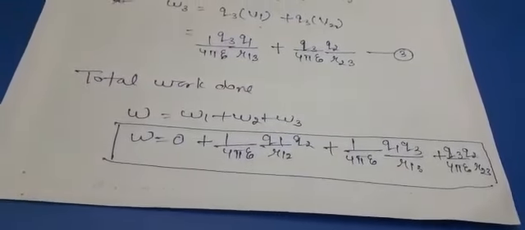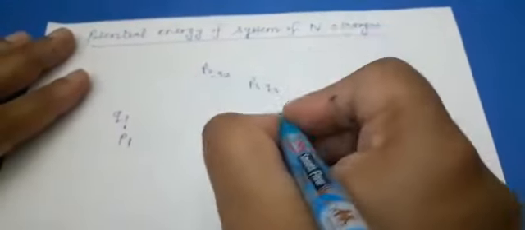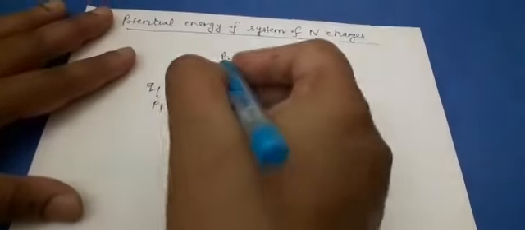Now, as we have calculated the potential energy of a system of 2 charges and a system of 3 charges, there can be a generalization up to n charges. Let Q1 charge be brought to point P1, Q2 charge to point P2, Q3 charge to point P3, Q4 charge to point P4, and Qn at Pn. N number of charges can be there.